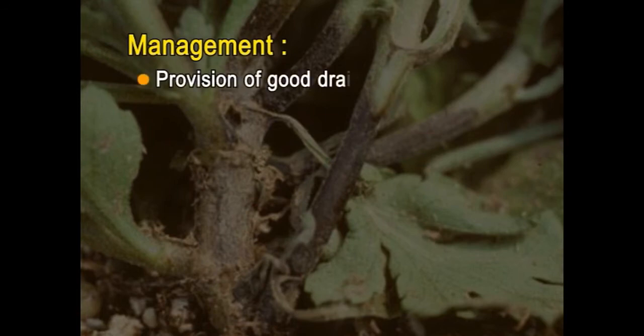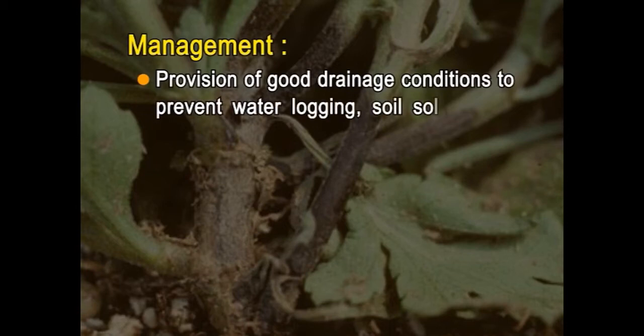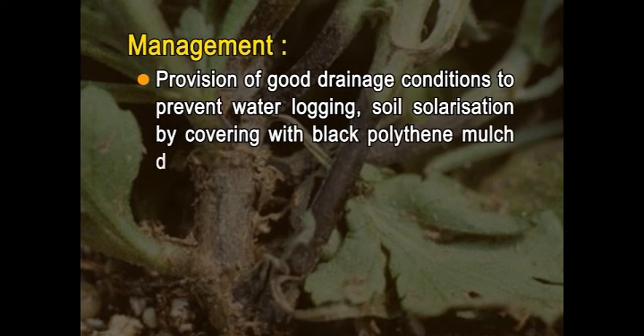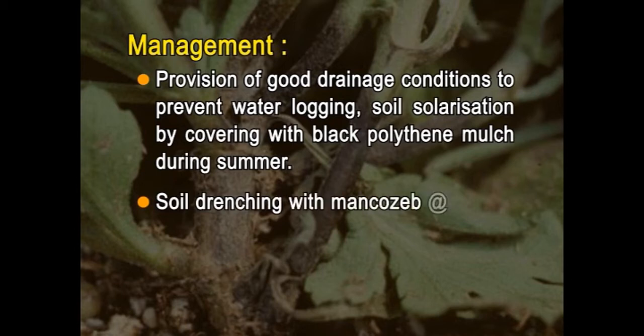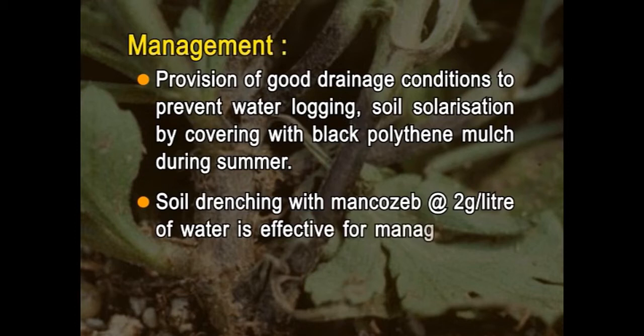Provision of good drainage conditions to prevent waterlogging, soil solarization by covering with black polythene, mulch during summer, soil drenching with mancozeb at the rate 2 gram per liter of water is effective for management of the disease.